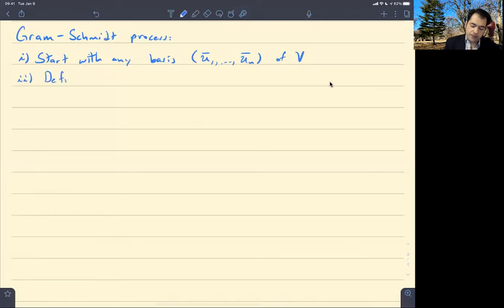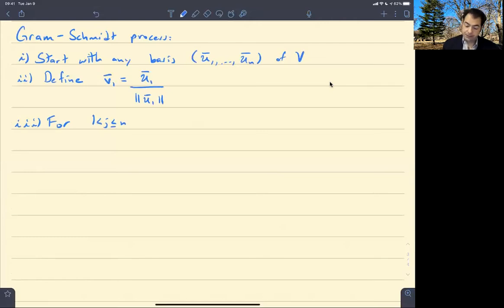Define v1 to be u1 divided by the norm of u1. Okay. Then, for any j between 1 and n, we're going to define the vector vj in two steps.